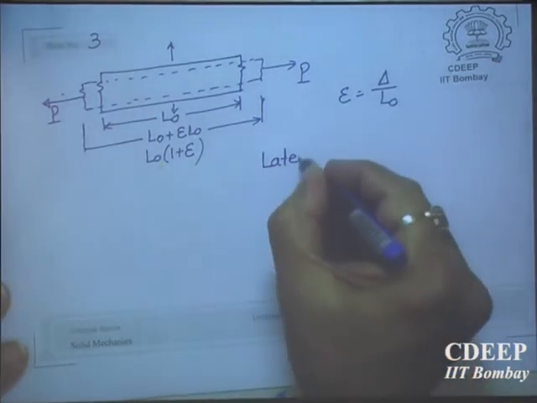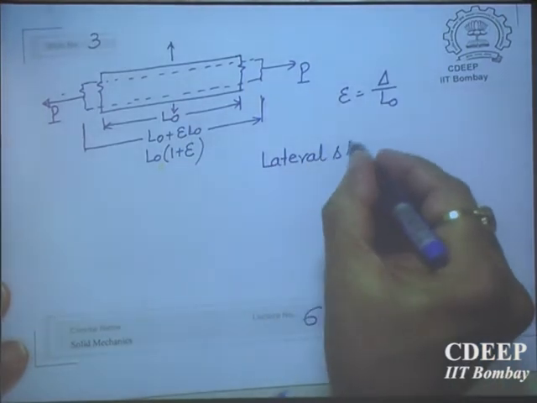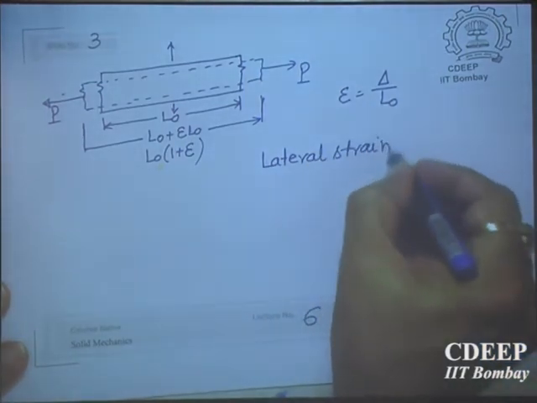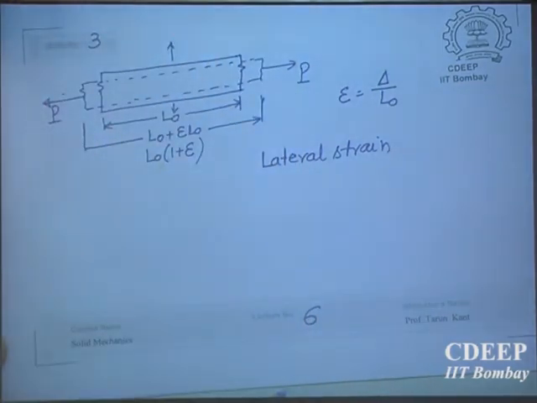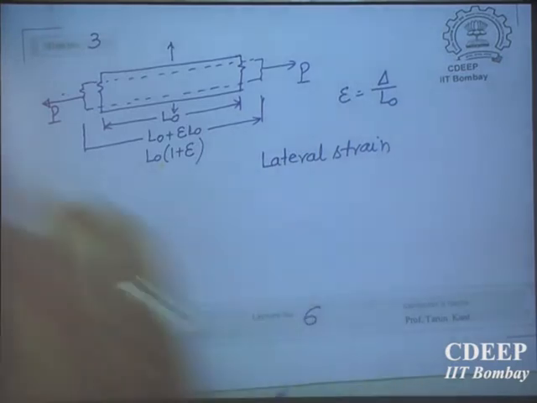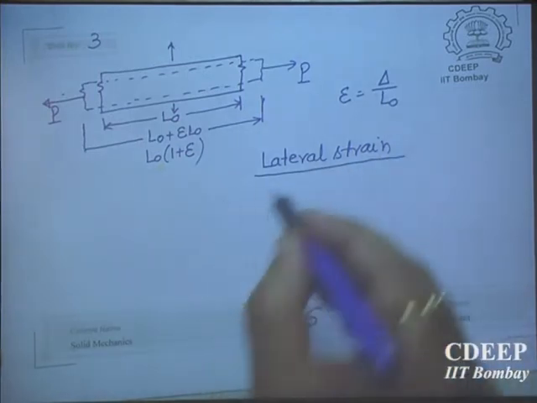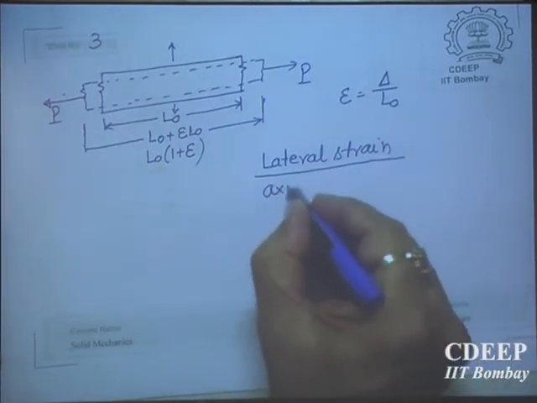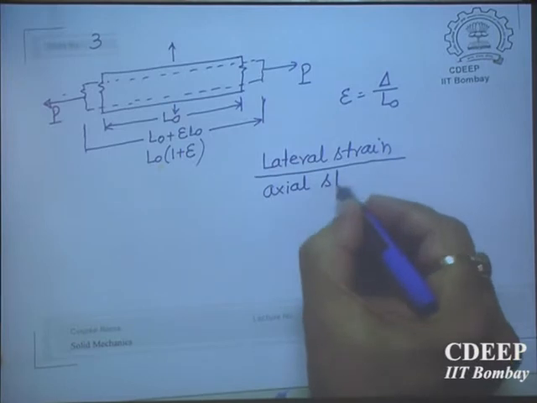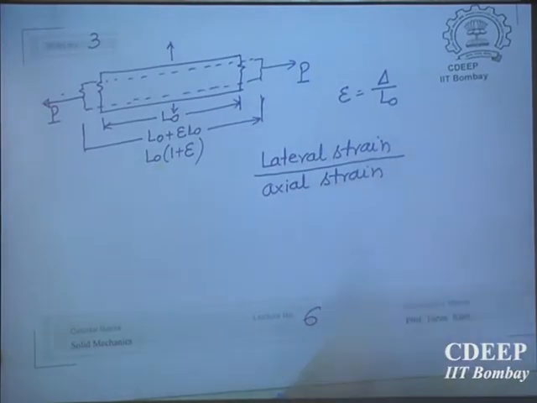So there will also be a strain in the transverse direction. Take the lateral strain divided by the longitudinal or axial strain. This ratio in the linear zone is seen to be a constant. If you plot this, you will find that this is a constant.